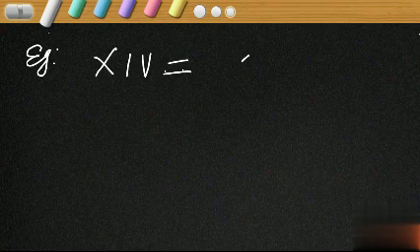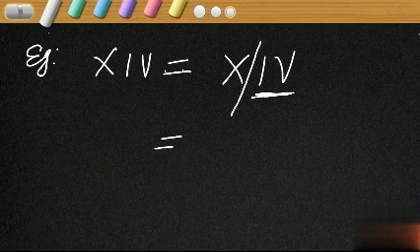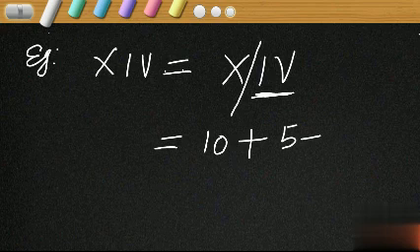First one, XIV. This can be written as X, IV here. Like this you separate them. X is one section and IV is another section. For convenience, separate it like this. Now X means 10 plus IV means 5, with 1 on the left side meaning minus 1.